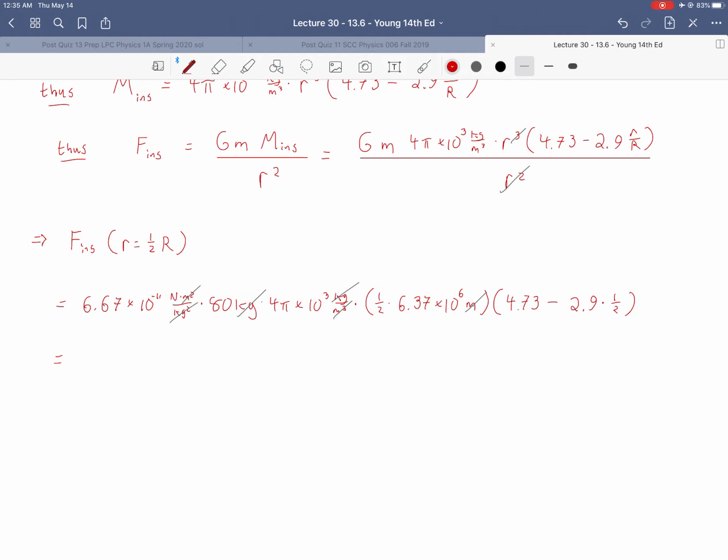All right, and then times 0.5 times 6.37 times 10 to the 6 meters, okay? And then times, let me get the exact number, 4.73 repeating actually, minus 2.9 times 0.5. All right, so we have 701 newtons.